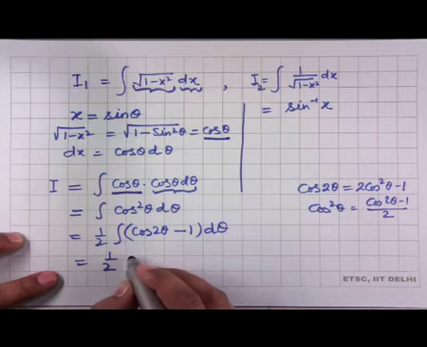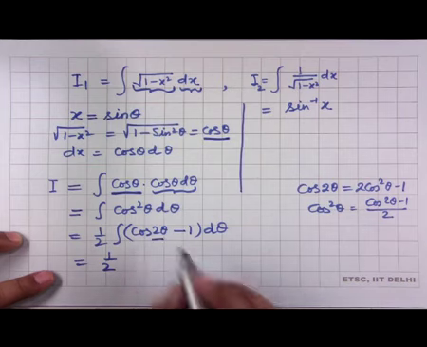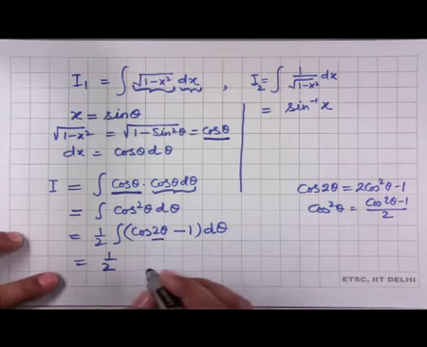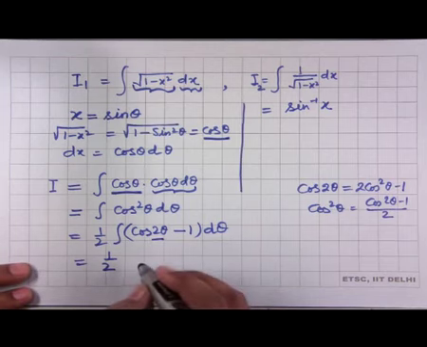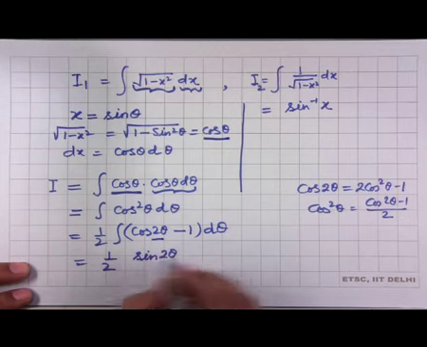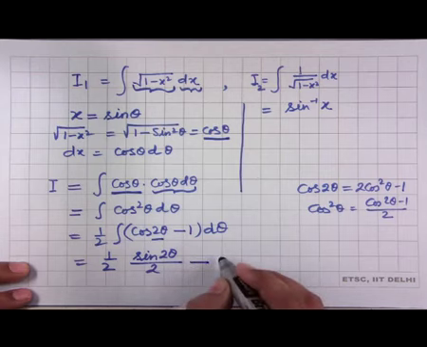Integration of cosine, again using that property with a linear function here, is sine 2 theta divided by 2, the differential of this factor, plus integration of 1, which gives theta.